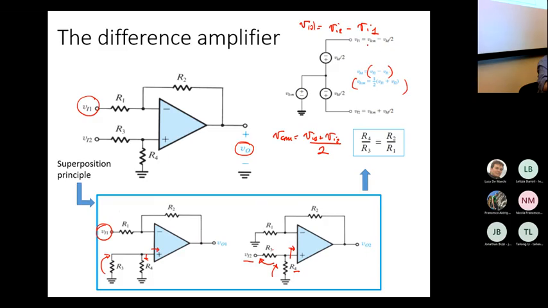While VI2 is V common mode plus VID divided by 2. So we are turning the two independent input sources into a scheme like this, with the common mode applied to this intermediate node and two differential voltages applied here and there.